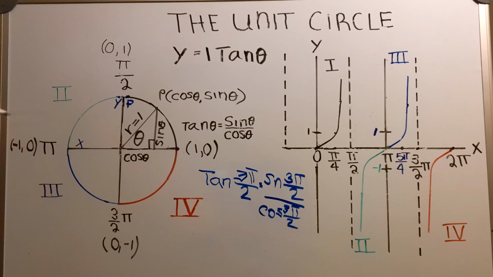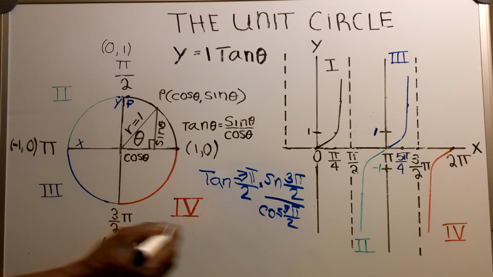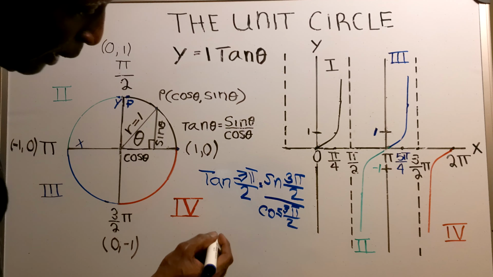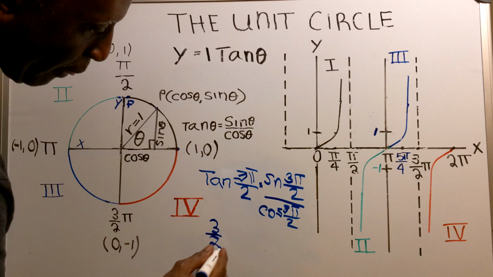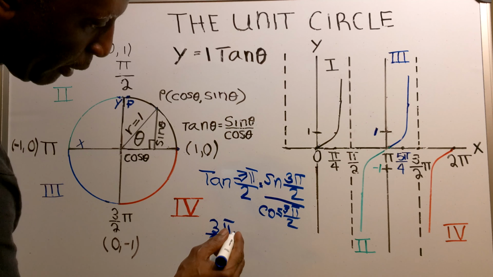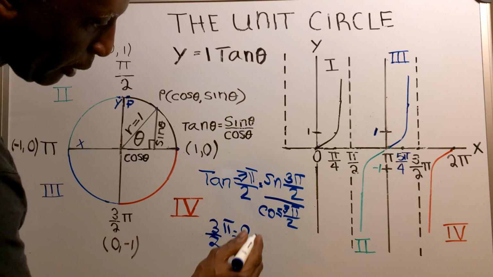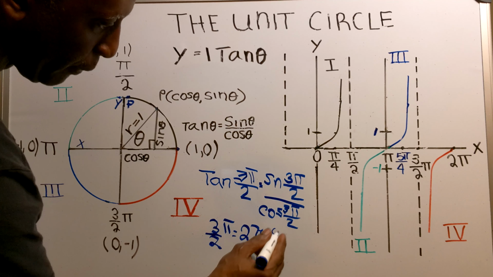And one more thing, 3/2 pi equals 270 degrees.